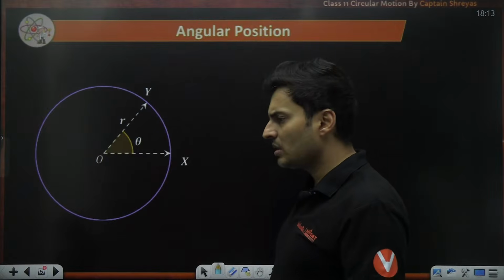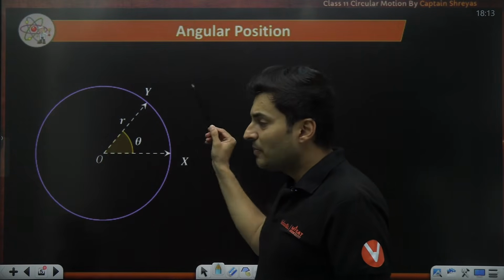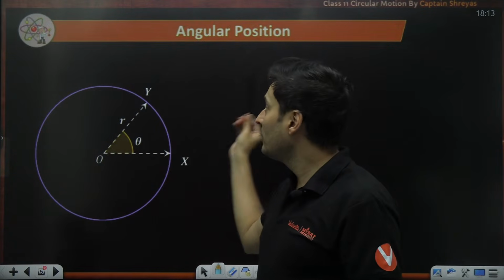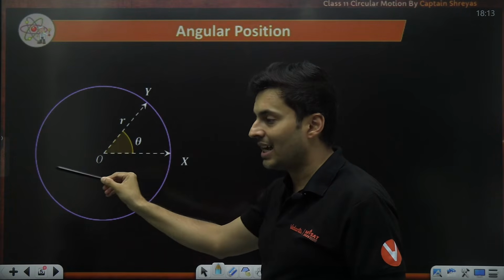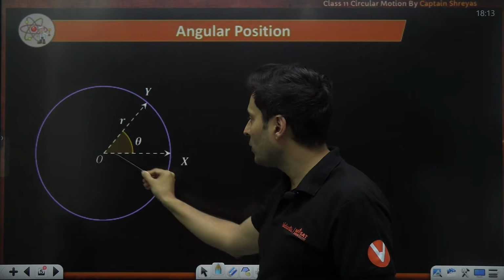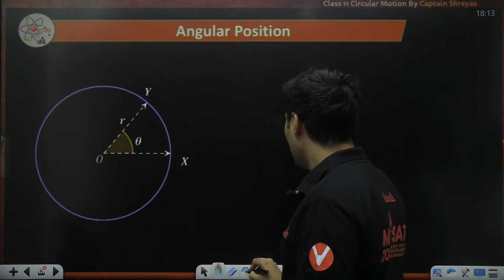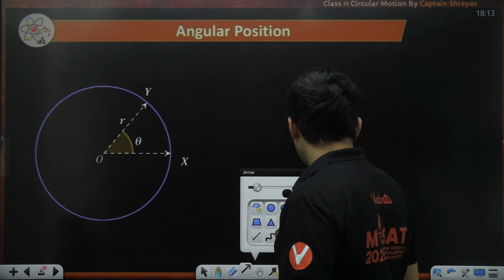So it is beneficial for us to give the position in terms of how far you are from the central axis and what angle you are making with a reference axis. So we define two things over here.